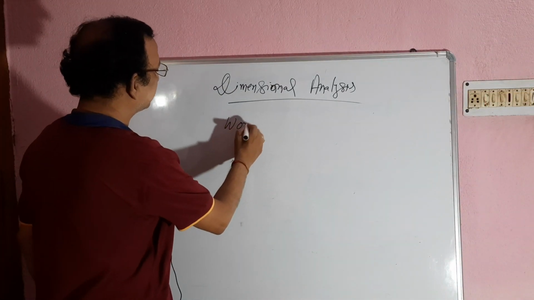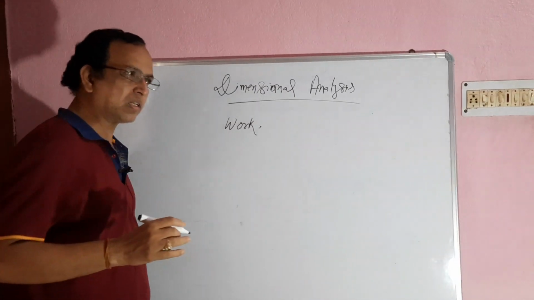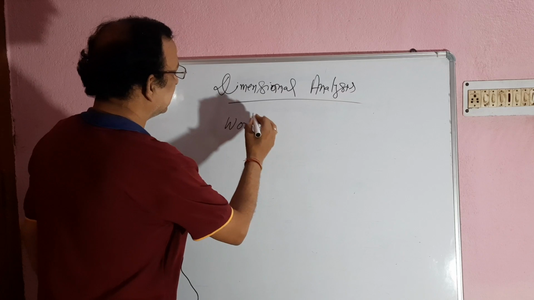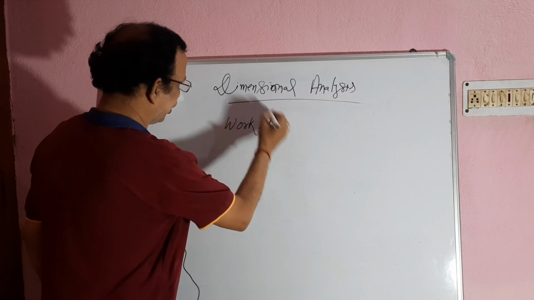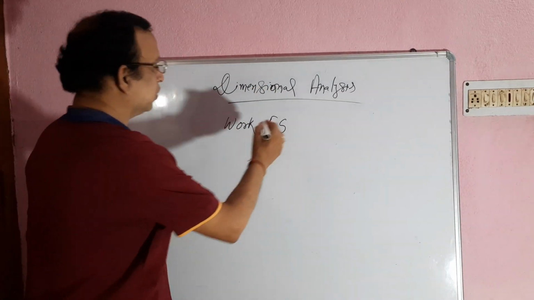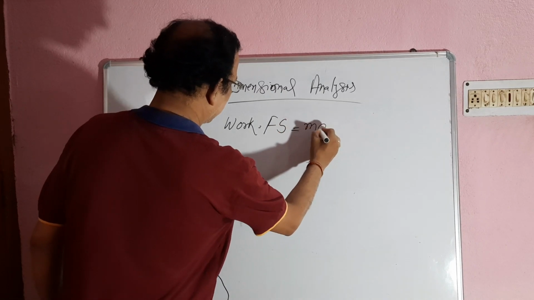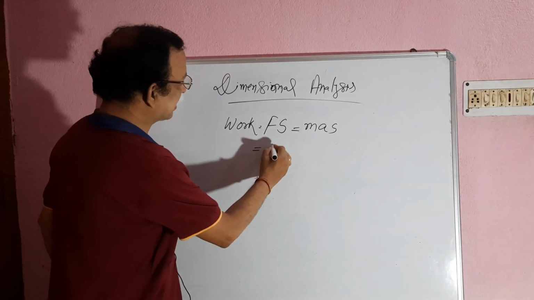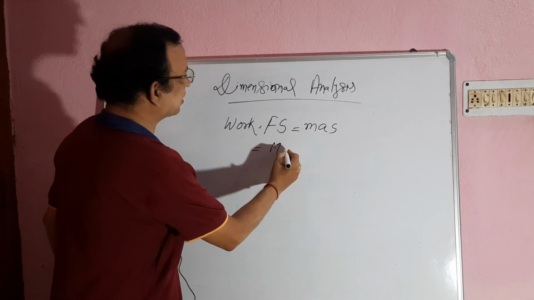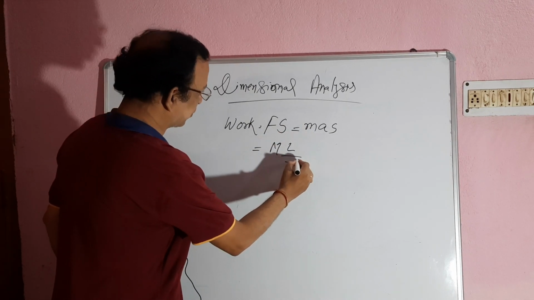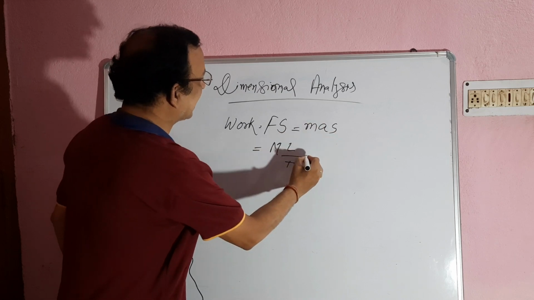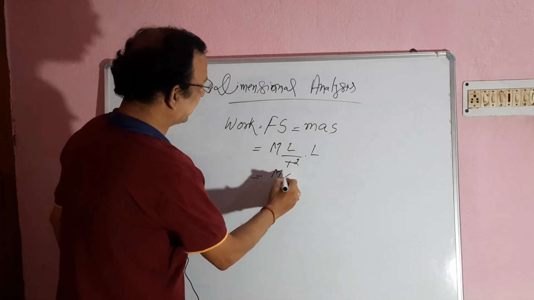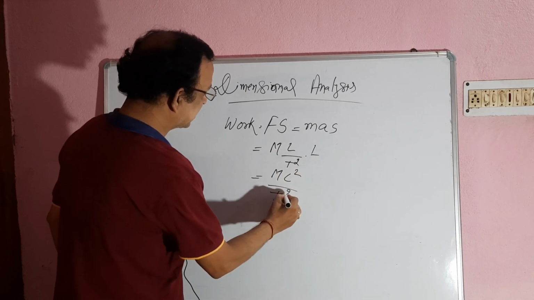Next, work. What is work? Work is mainly F into S, force into displacement. We know force is mass into acceleration and S is the displacement. For mass, that is M, for acceleration L by T square, for S displacement, that is also L. So M L square by T square.